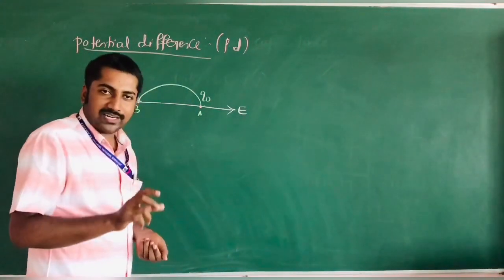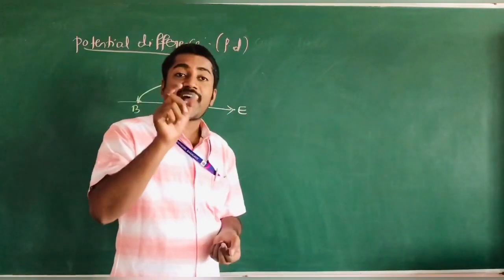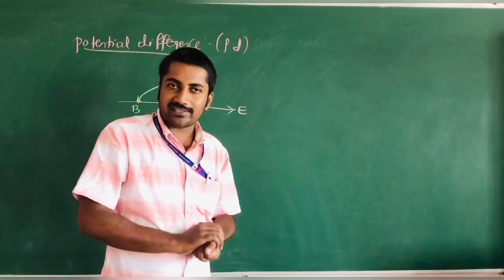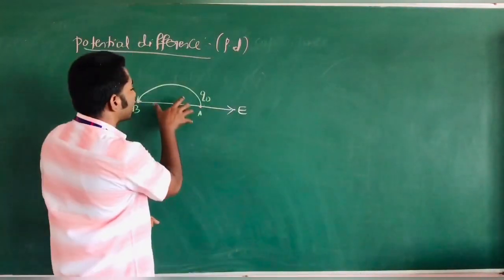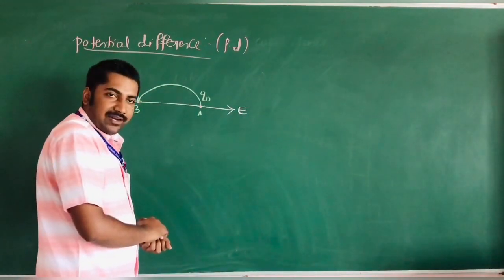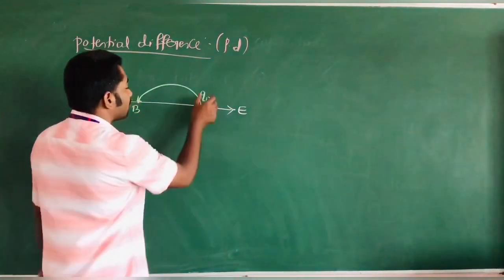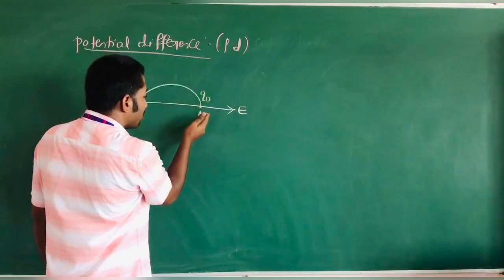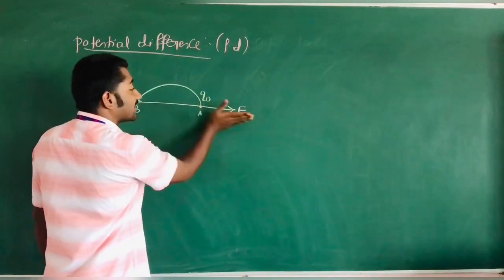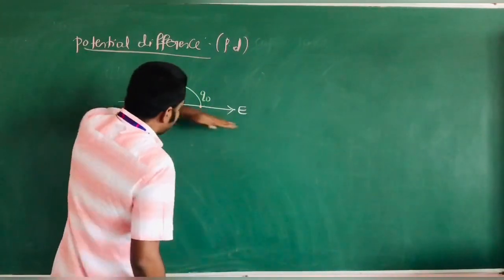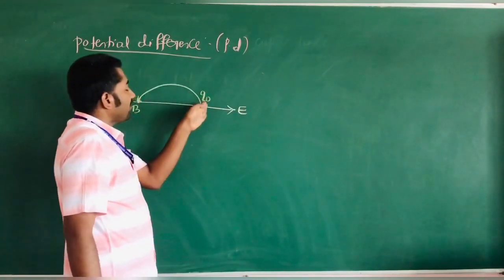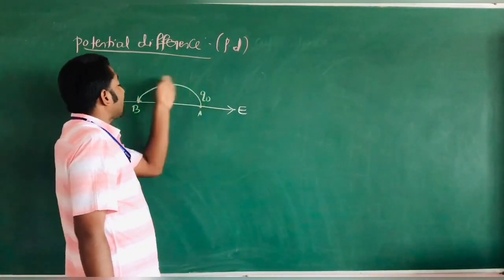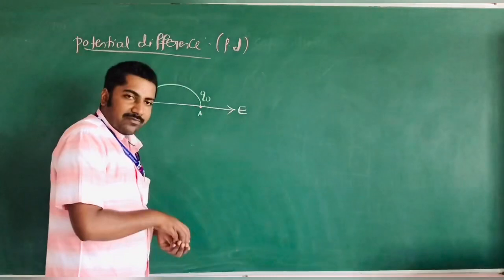The potential difference between 2 points in an electric field is defined as the work done when a unit positive charge is brought from one point to another point against the direction of the electric field. Here the unit positive charge is brought from point A to B against the direction of the electric field.